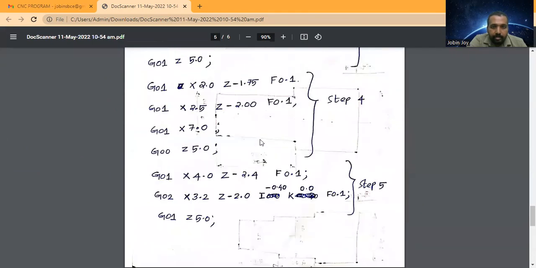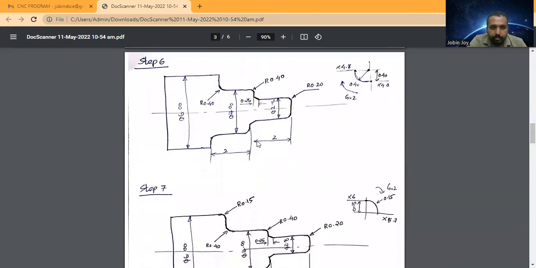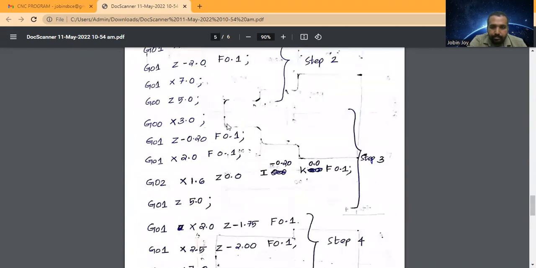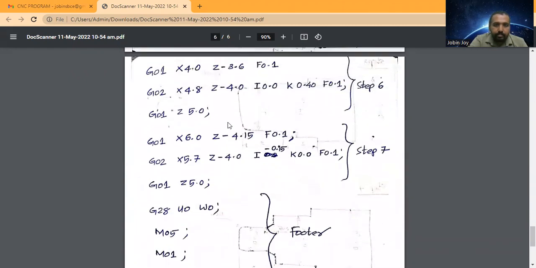Okay, and finally, step number 7, this is the arc, 0.15.